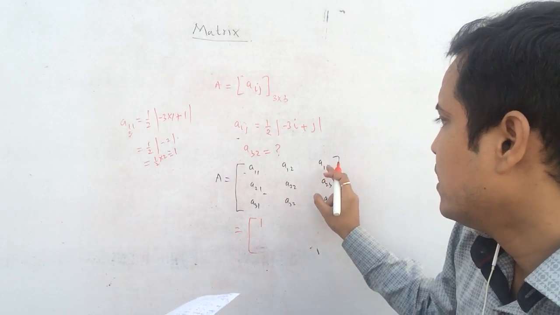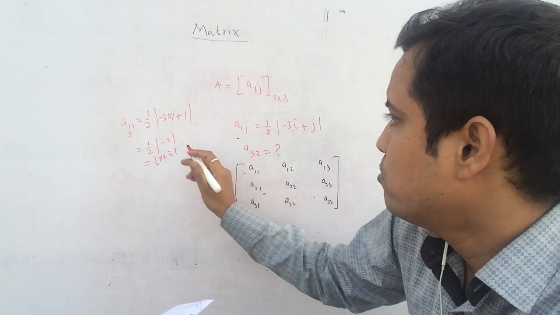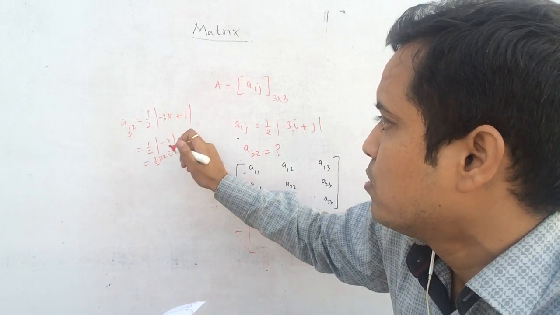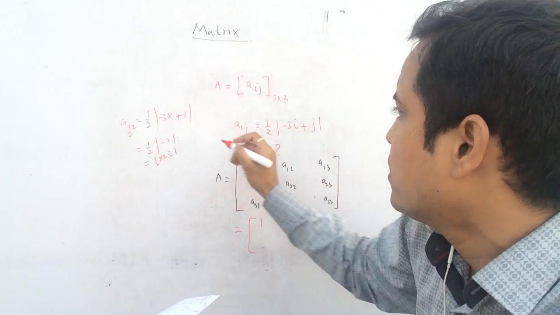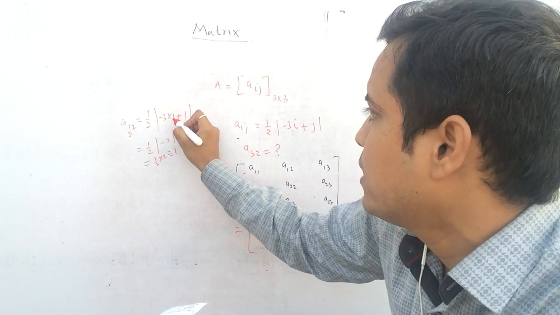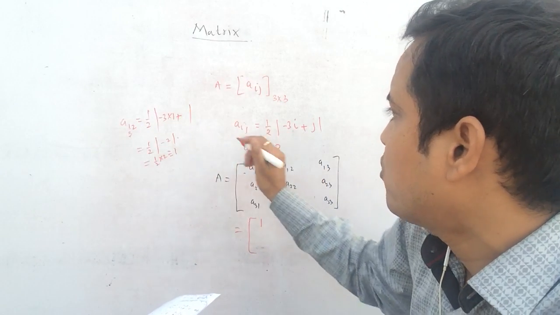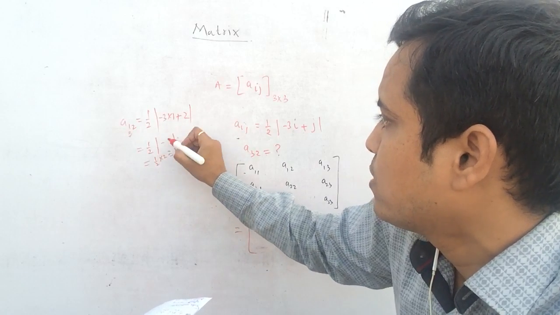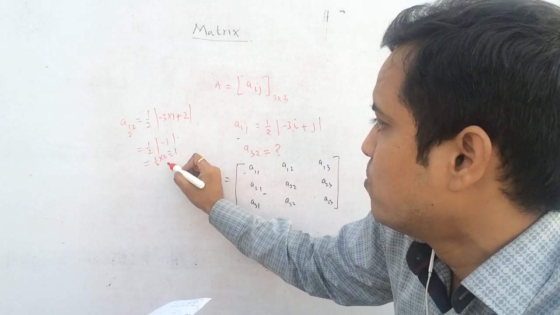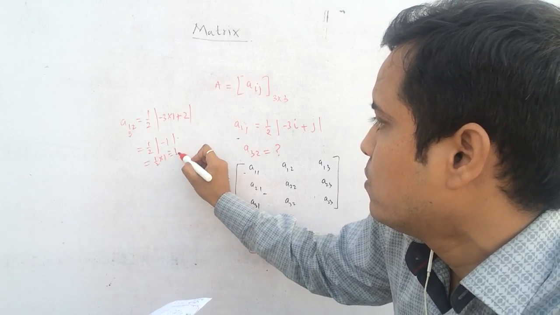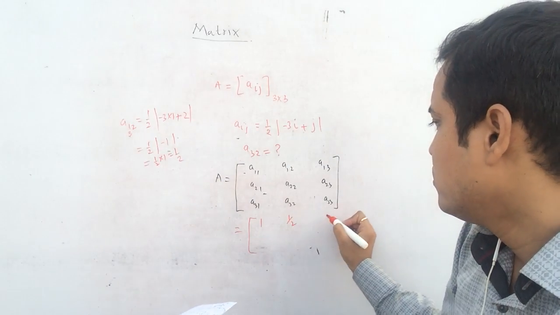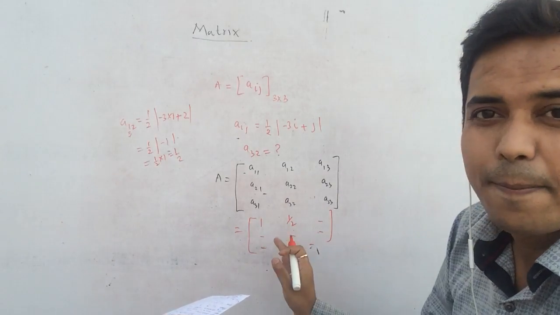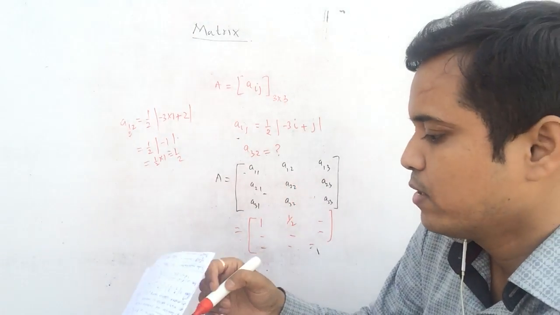Similarly A12: at the place of i put 1, at the place of j put 2, so it would be minus 3 plus 2, minus 1, and the answer would be 1 by 2 because you have to take the positive value. So here 1 by 2. Similarly, you can solve each and every value by putting the values of i and j. This is a very easy question.